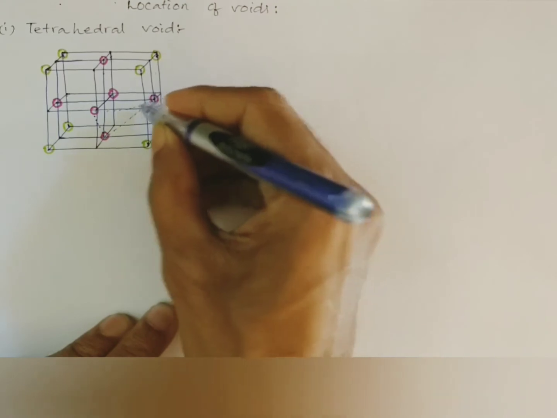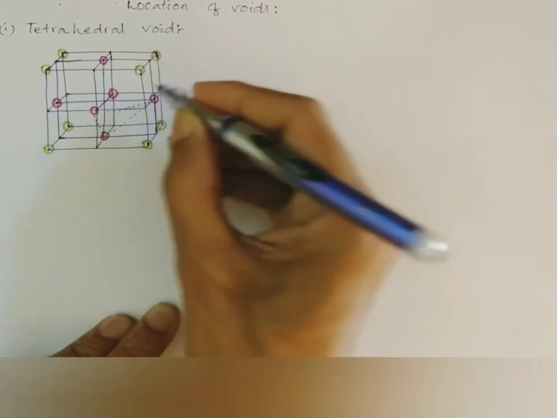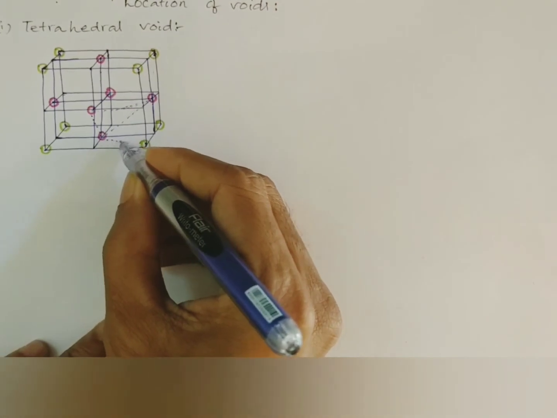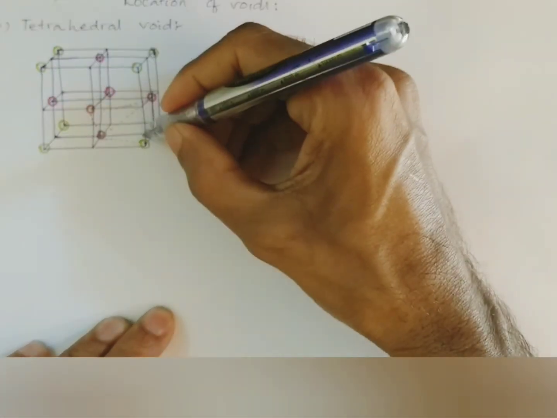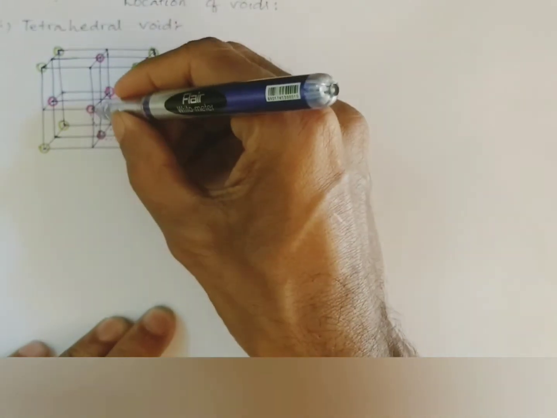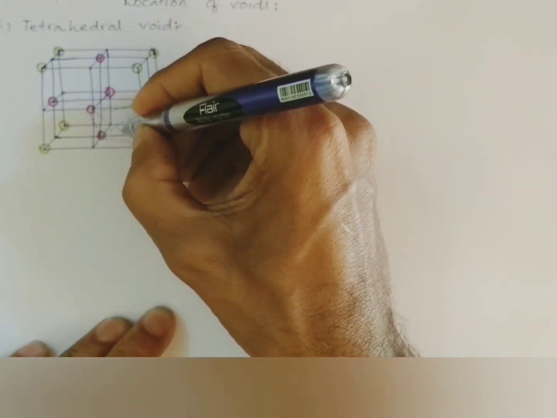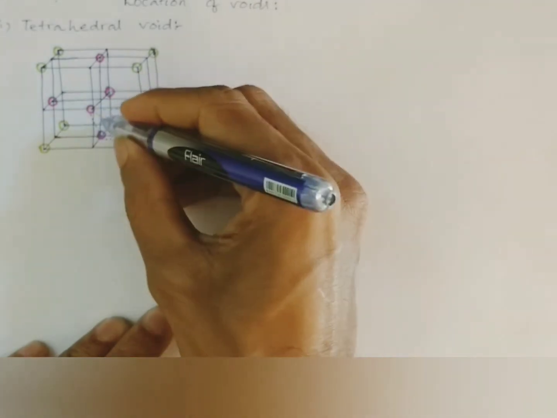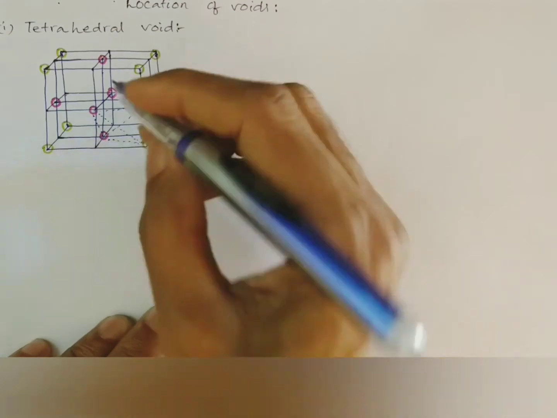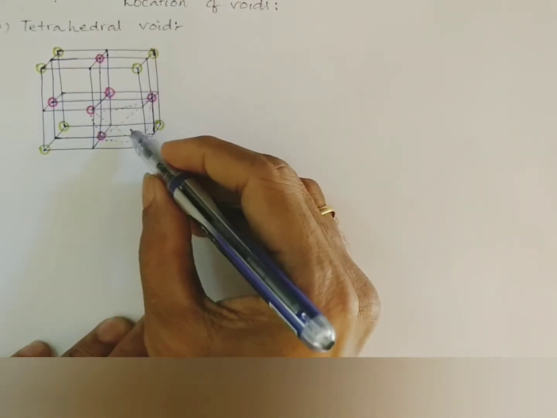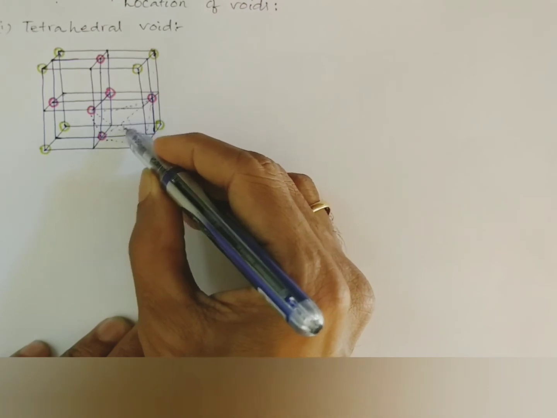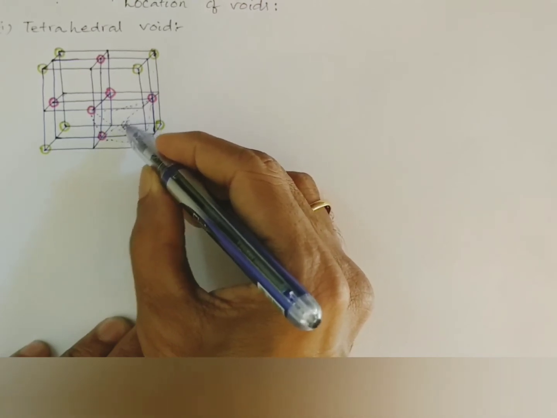This is a planar trigonal of spheres capped by another atom. This is the corner atom that sits in the trigonal void that is created by these 3 atoms. So this becomes a tetrahedral void. So 4 atoms form a tetrahedral void.